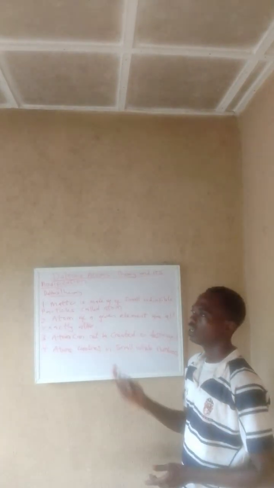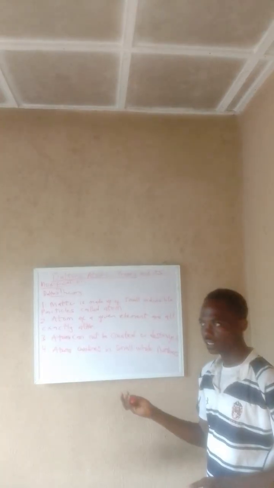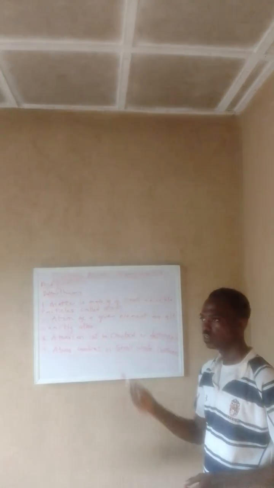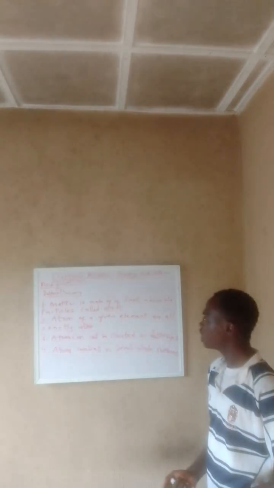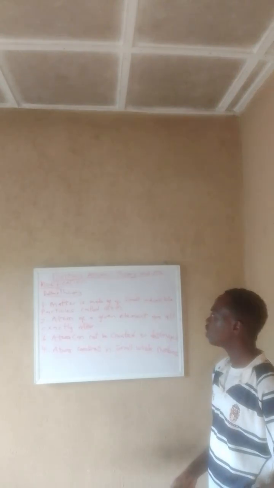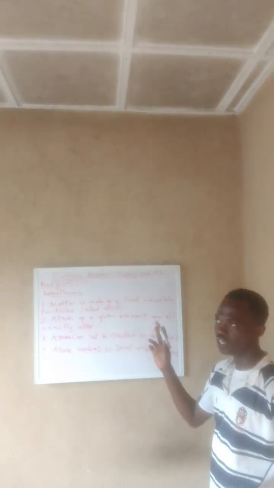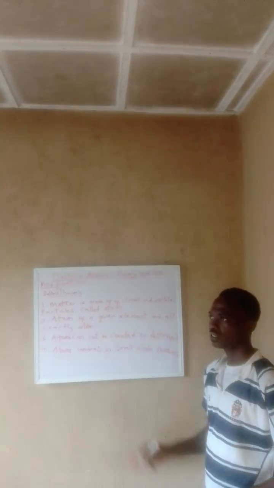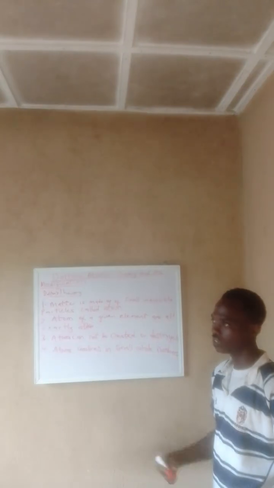So what are the modifications? Why are these laws not standing again? What are the modifications to this theory? The first theory, matter is made up of small indivisible particles called atoms. This is not acceptable because of what? Because of radioactive elements. There are some radioactive elements that are now dividing spontaneously.